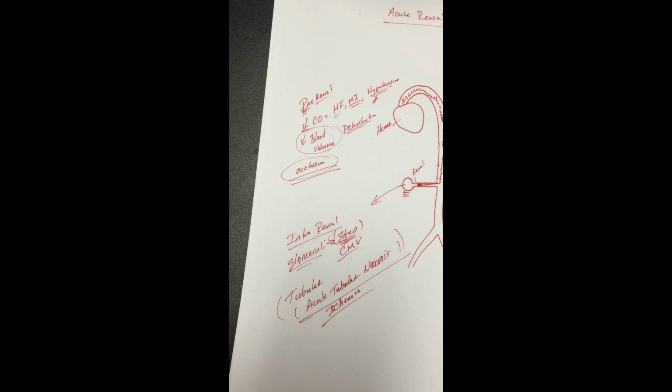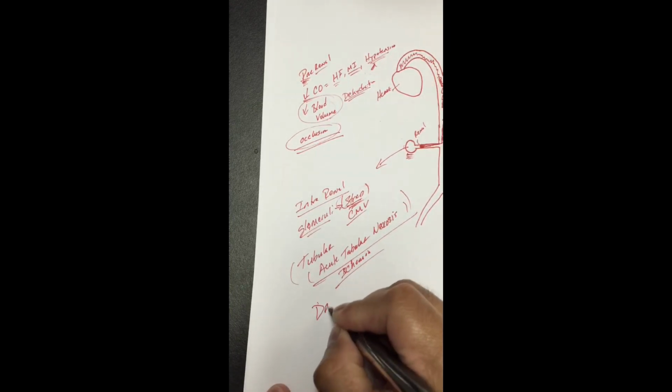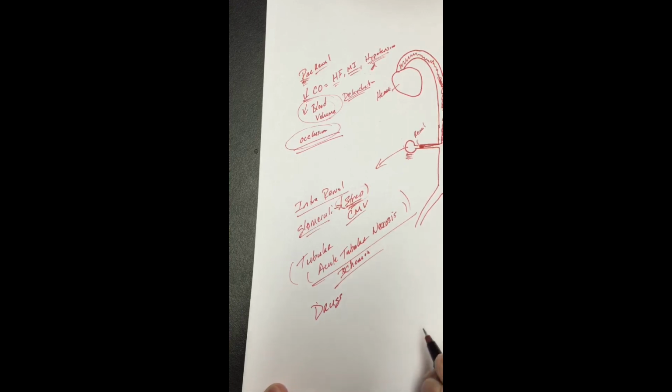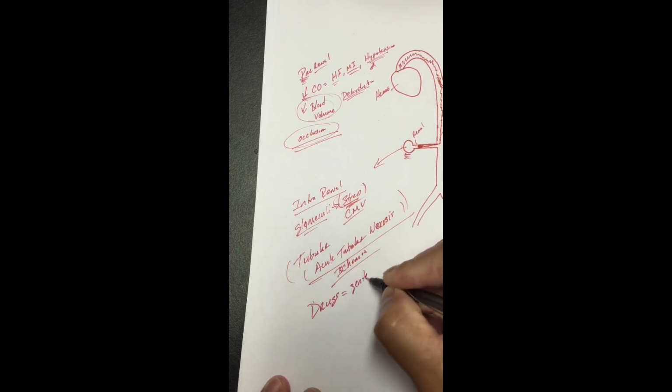Now, there are other things that can cause tubular damage. So let's focus on these a little more closely. Drugs, medications, drugs that you need to know. For example, gentamicin.